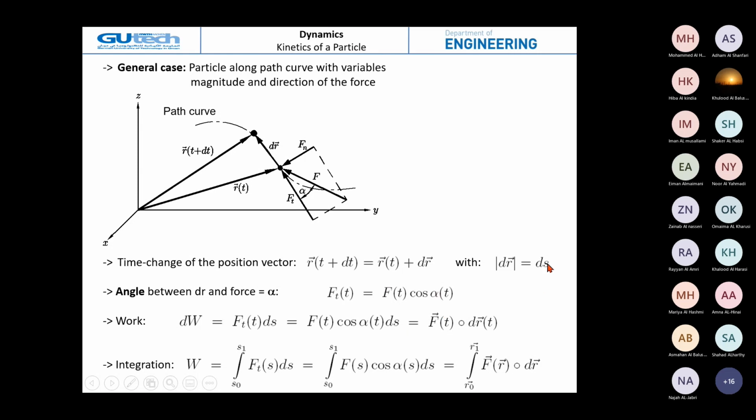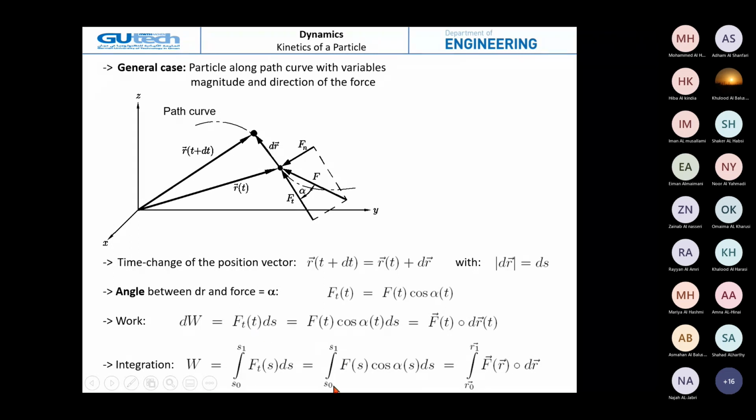ds is given as the magnitude of the position vector dr. Then we have, by definition, F dot product dr. Now we have to integrate as the force is time dependent.